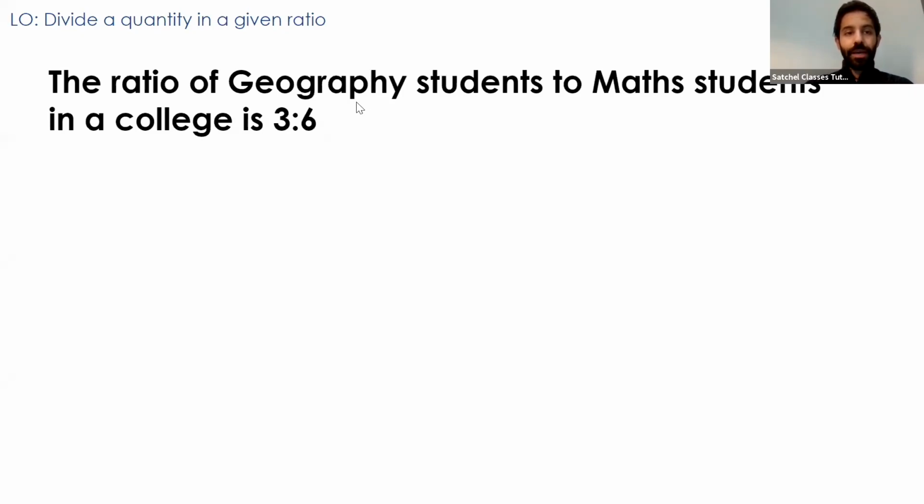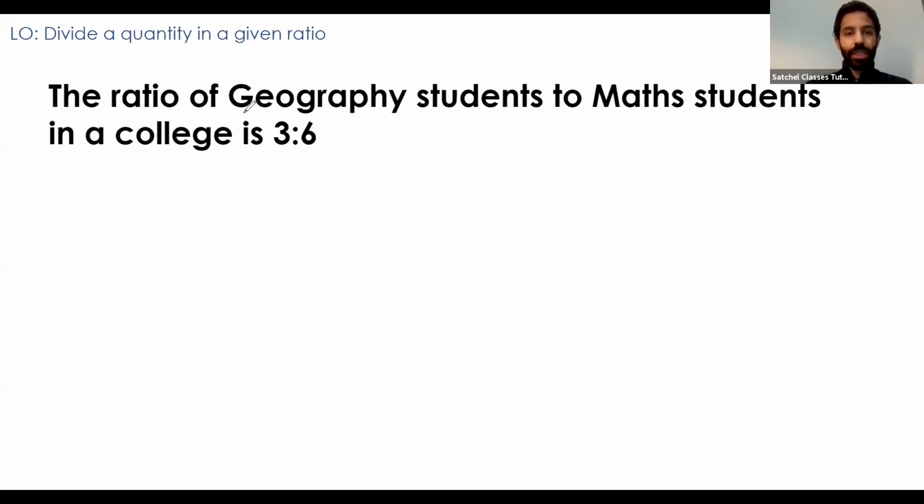So, for instance, here we have the ratio of geography students to math students in a college, which is 3 to 6. What that means is that for every 3 geography students, there are 6 maths students. If we simplify this ratio of 3 to 6, 3 corresponds with geography because geography came first, and maths corresponds with the 6.